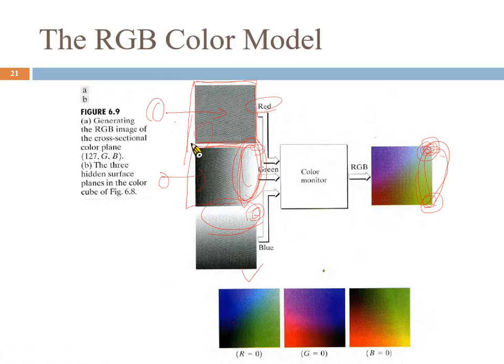Because here, for example, at this corner we have red equal to 127, green 0, and blue 0. So this point is actually 127, 0, 0. So this is not gray, this is a red pixel. And you can imagine another color plane.